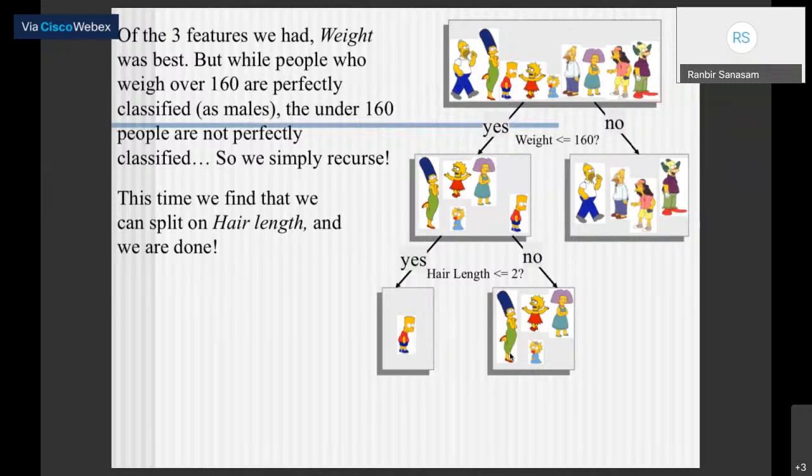Okay. So to summarize, I'm sure that you may still have lots of doubts here, but I'm just giving the notion of what a decision tree is.